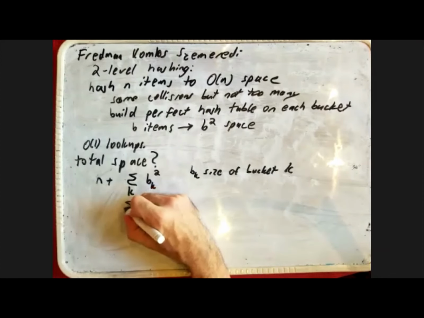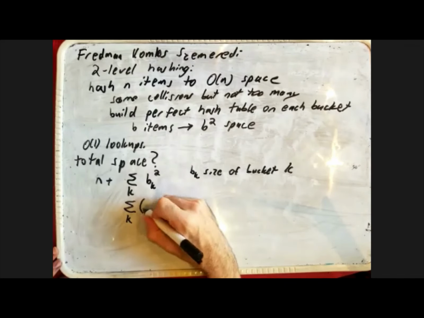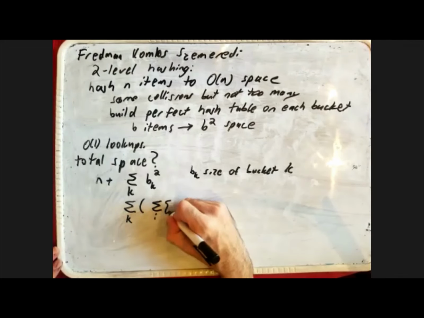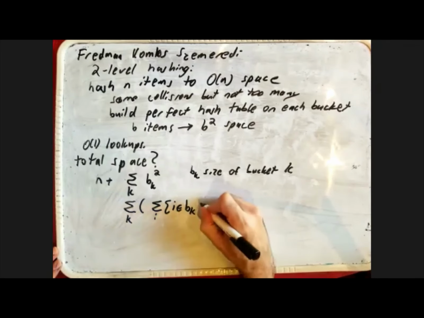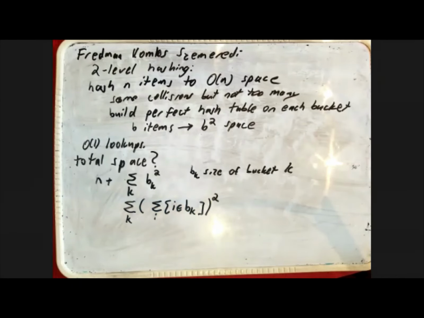Now, this quantity, this is where they do a very clever trick. What is b_k squared? That's the square of the bucket size, but I can also just think of it as a sum of indicator variables, where I look at all of the items and have an indicator variable for which of them ended up in bucket k.